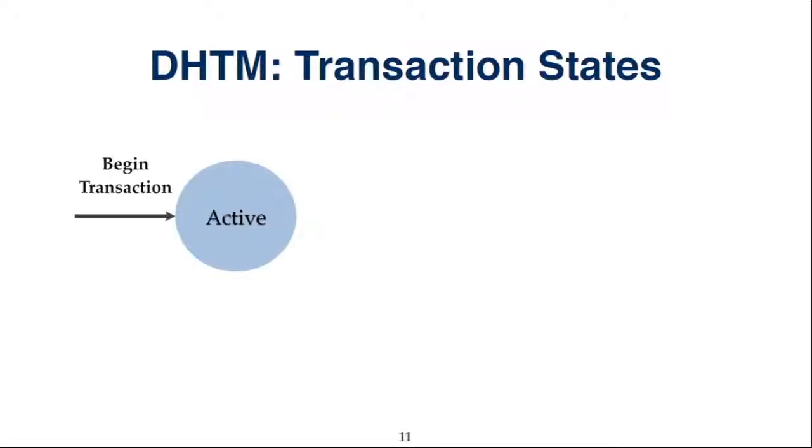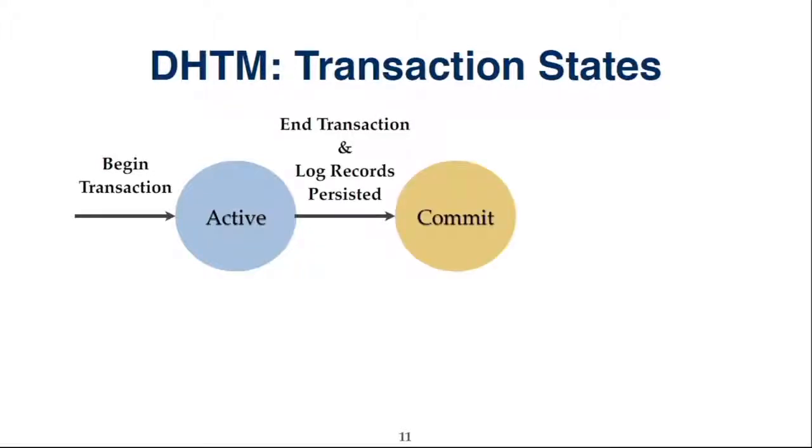On encountering a begin transaction instruction, a transaction would transition to the active state, wherein the transaction can start reading and writing cache lines. After it completes all of its updates and the end transaction instruction is executed, all the log records relevant to that particular transaction are flushed to persistent memory, and at that point, the transaction is deemed to have committed.